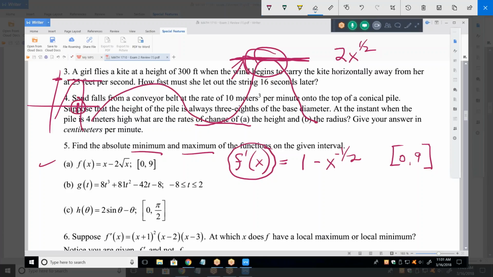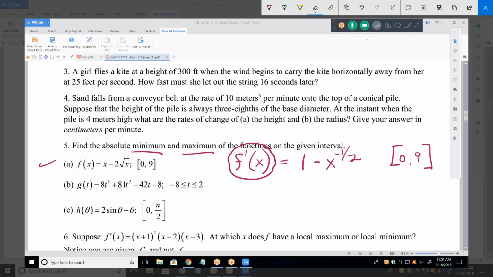So what should I do with this problem? Set it equal to 0 and then solve it. Okay, so in place of this, I'm going to write 0. Go ahead and solve that. It might be a little easier to solve if I put it back into this format.